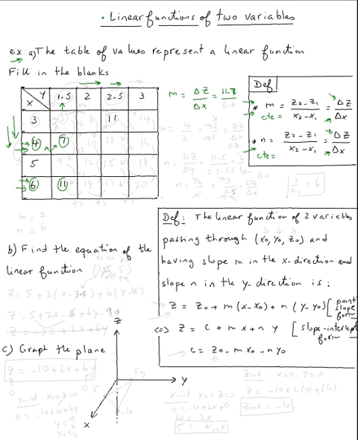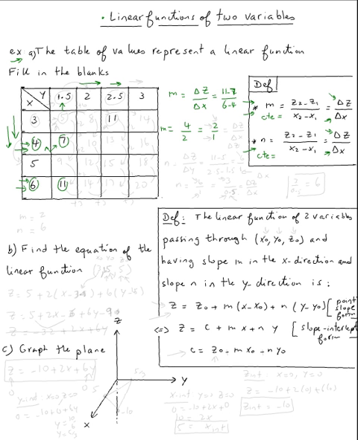Now this is the quickest way. 11 minus 7 would be 4 over 6 minus 4 will be 2.